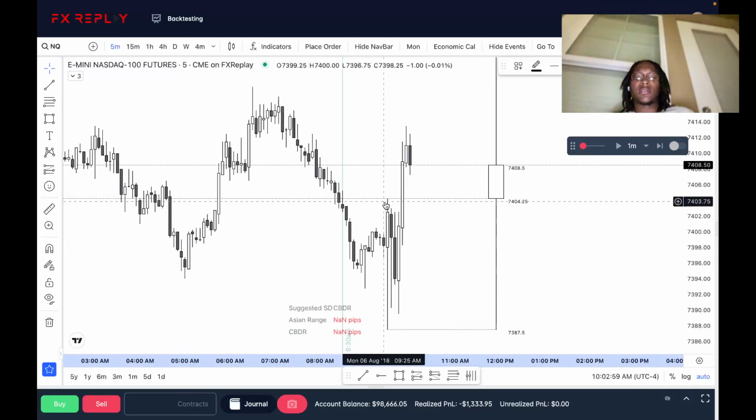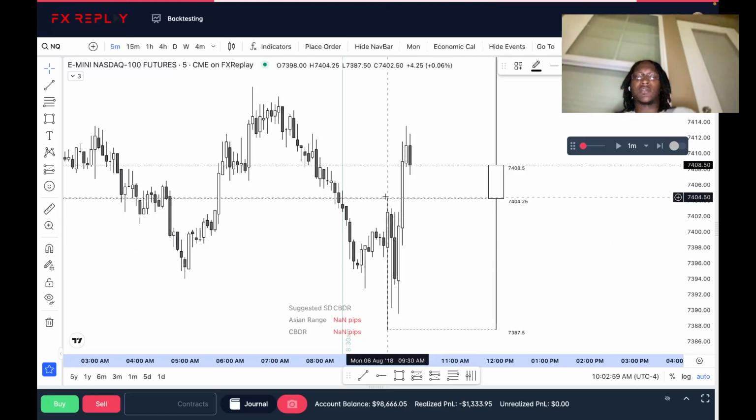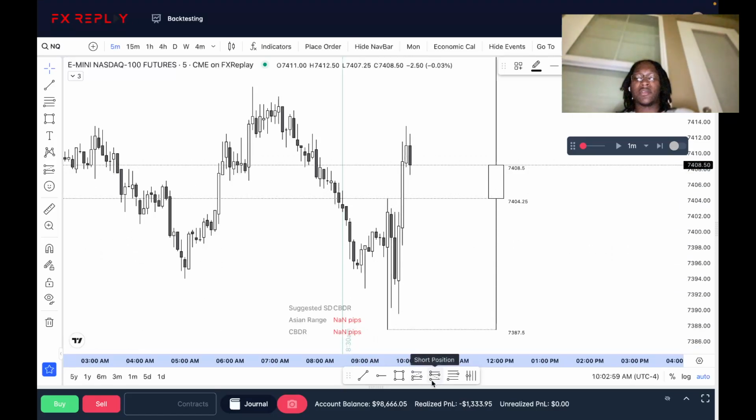Ran stops, ran stops, show structure here. Institutional order flow entry drill.